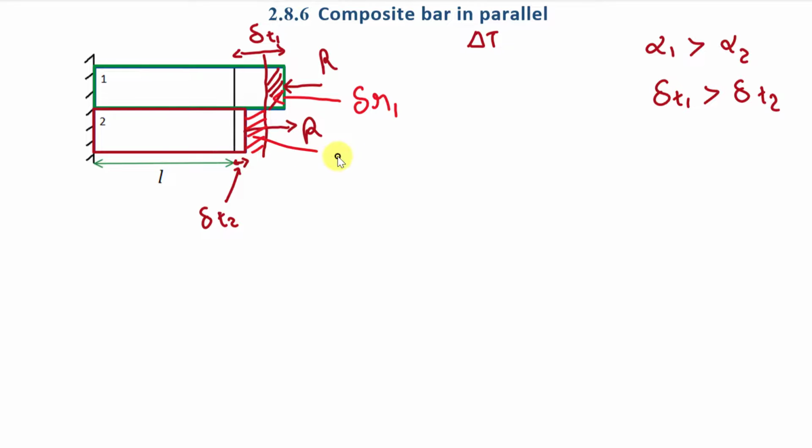And let us take this value of deformation as delta R2, means deformation in body 2 due to this reaction. Now understand that the deformation from here to here will be delta R1 plus delta R2, right? So here I am going to write delta R1 plus delta R2, and it will be equal to delta T1 minus this delta T2, right?